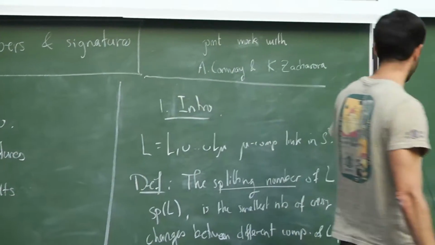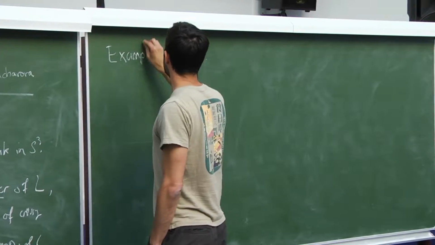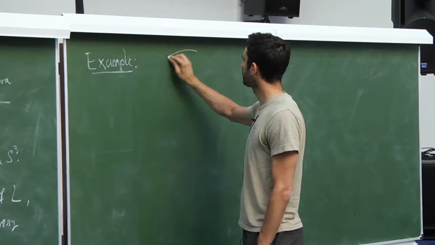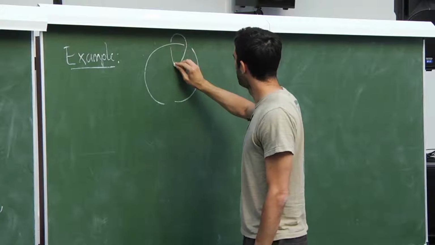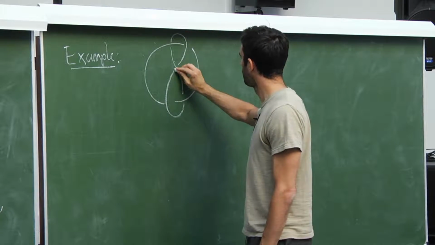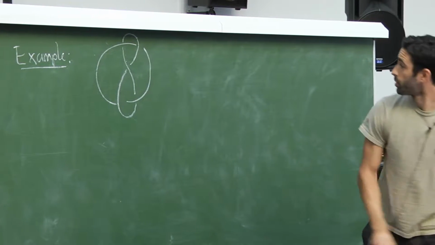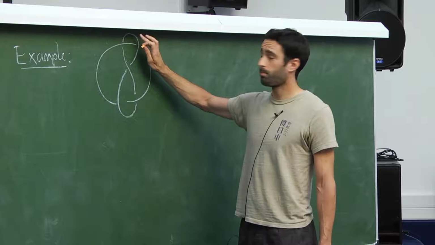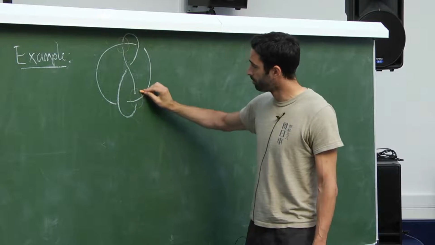So maybe I'm just going to start with a very basic example. Let's consider the Whitehead link. What I will do is simply make a crossing change here and there.